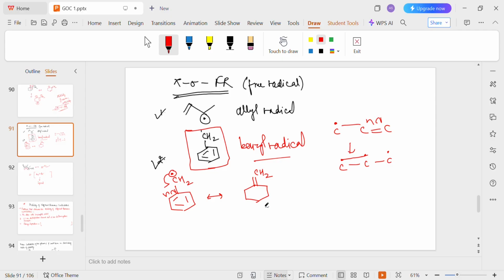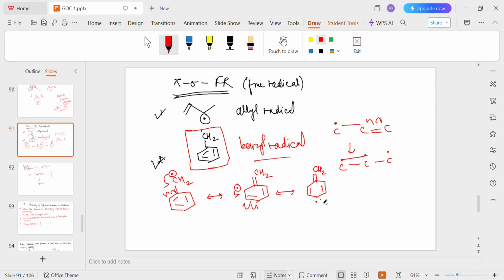Here we have the radical left, a pi bond here, a pi bond here. Now this radical moves forward, this pi bond breaks to give one electron here and one electron here, and we get another bond formed between this carbon and this carbon. The radical comes here and double bond CH2.